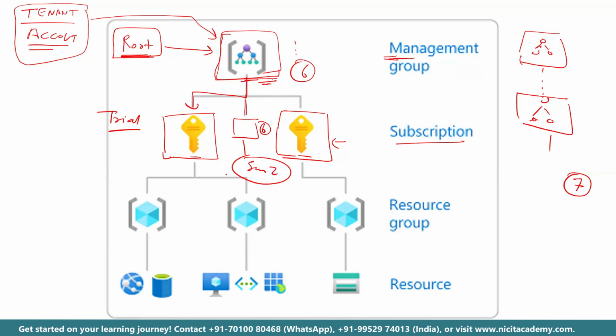And under the subscription only and only we can have a resource group, not under the management group. This symbol denotes a resource group, and this resource group can be created under the subscription. So there should be one subscription to support this resource group. Under the resource group only, we can create any resource.